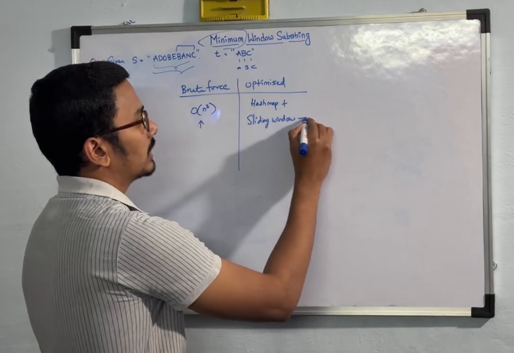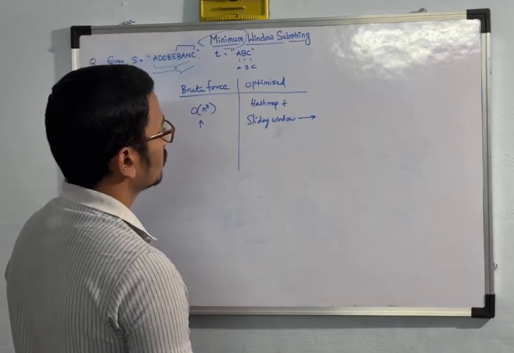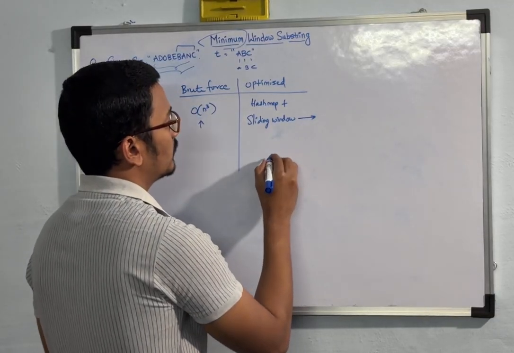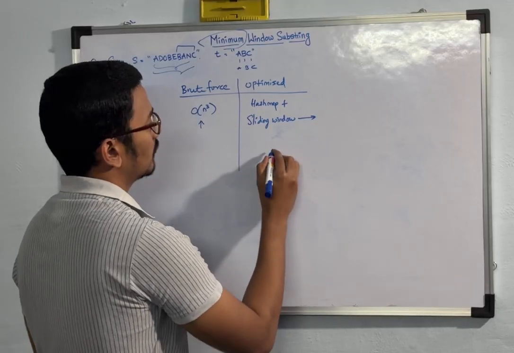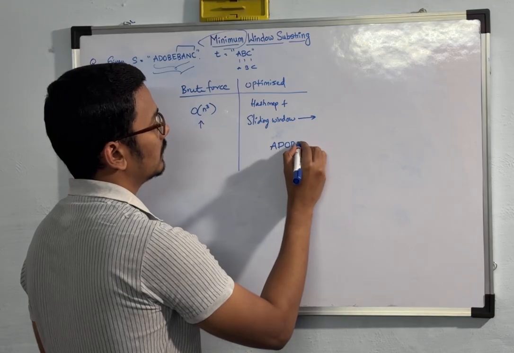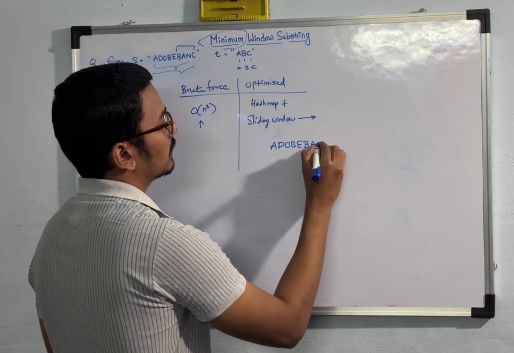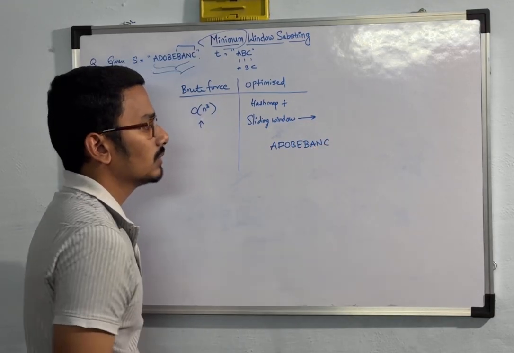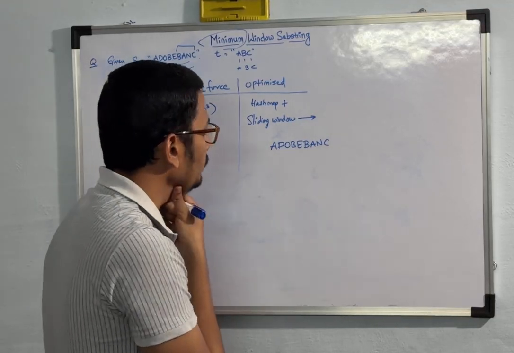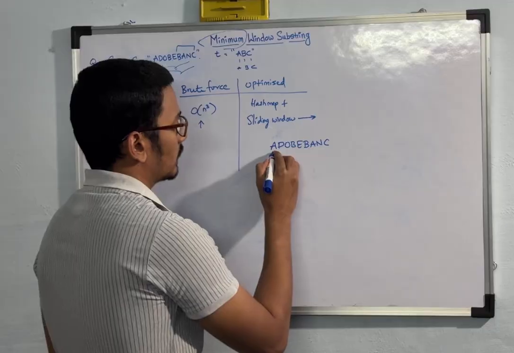I'll tell a bit about the sliding window approach, just to give a rough idea. I'll take the same example, string S, which is A, D, O, B, E, B, A, N, C. In layman terms, the sliding window will take a particular range.